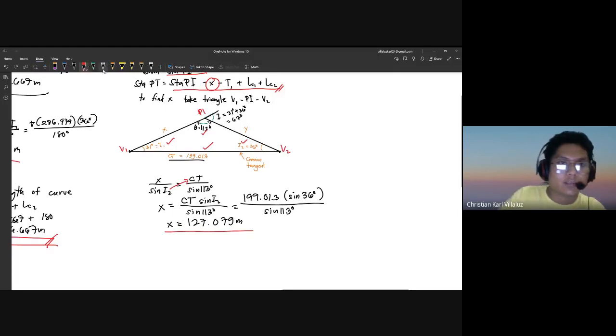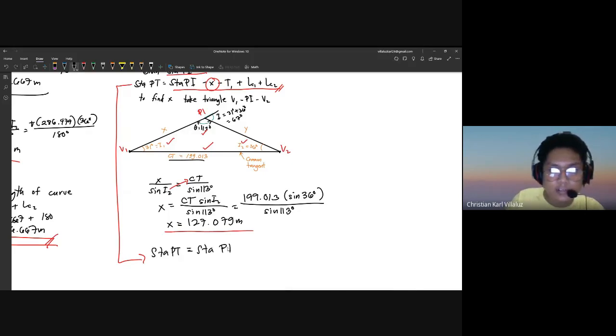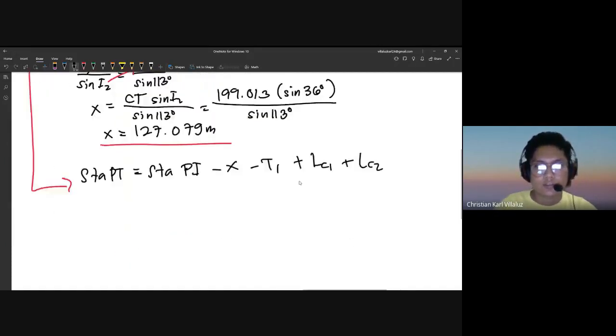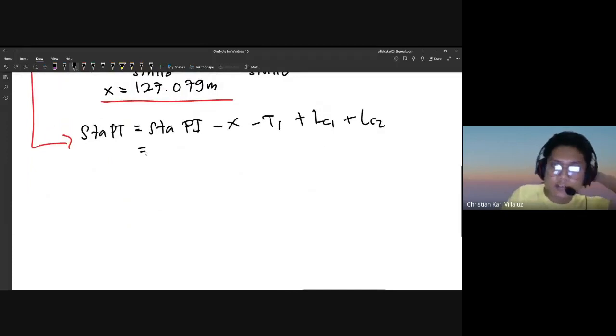Okay. Balik tayo dito. Stationing ng PT. Rewrite ko lang. Station ng PT equals to station PI minus x minus T1 plus LC1 plus LC2. So, substitute na natin.